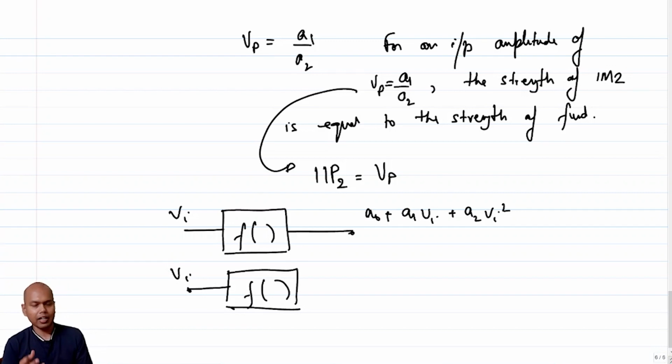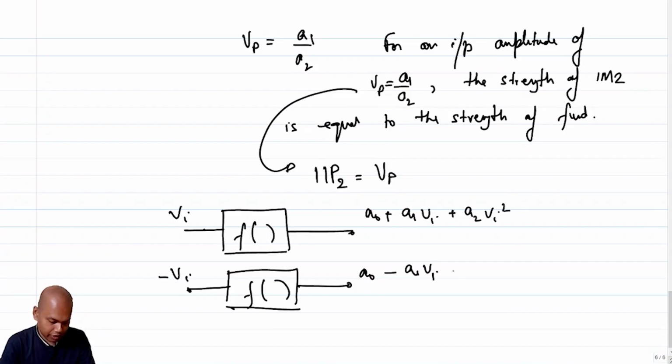You can assume that I copied the same LNA twice, right? And I applied the same input to both of them. Sorry, I made a mistake. So I apply a positive Vi to that first top block, and I apply negative Vi to the bottom block. So that bottom block output will be A0 minus A1 Vi plus A2 Vi squared.